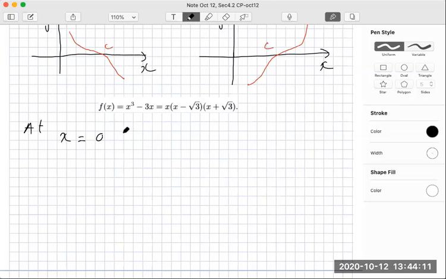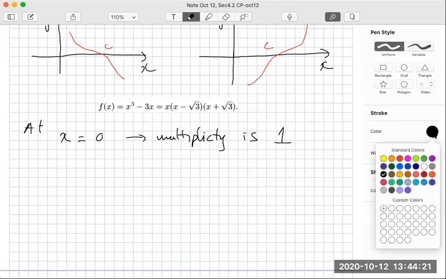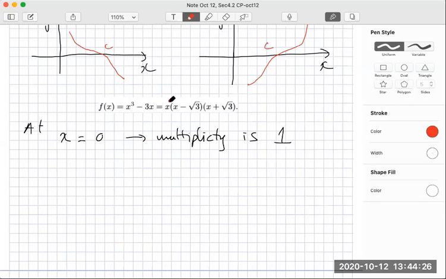At x equal to 0, the multiplicity of that is 1. Why? Because here, you can look at this. It is x to the 1, right? At 0. And here, similarly, it is x minus square root of 3 to the 1. And the same is like this guy, right?